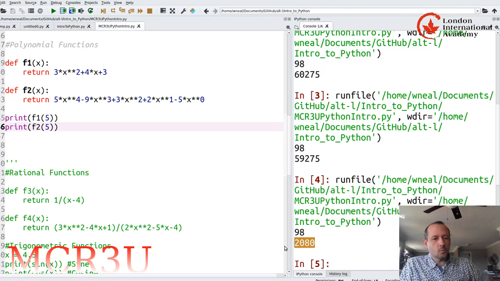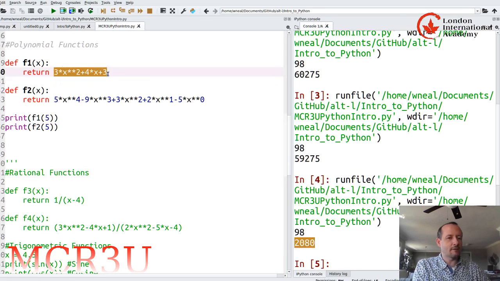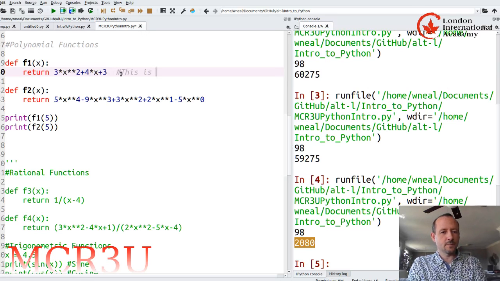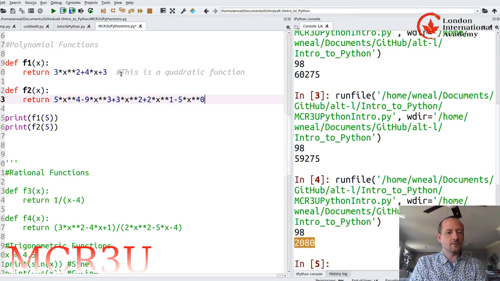And so this is one type of function that we will deal with particularly a lot in our course, especially functions where the highest power of x is 2. So this one here is a quadratic function. And down here, this one is a quartic function.